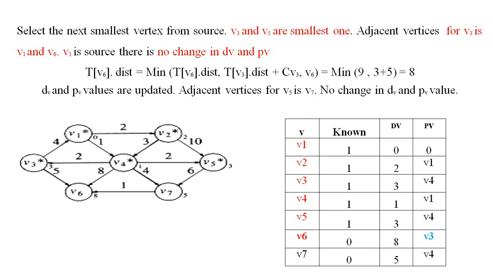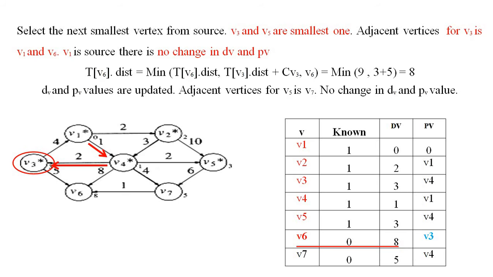Next, the known vertices are v3 and v5. v3 is a known vertex, connected with v6 and v1. The v1 value already has its minimum value. So now we consider v6.